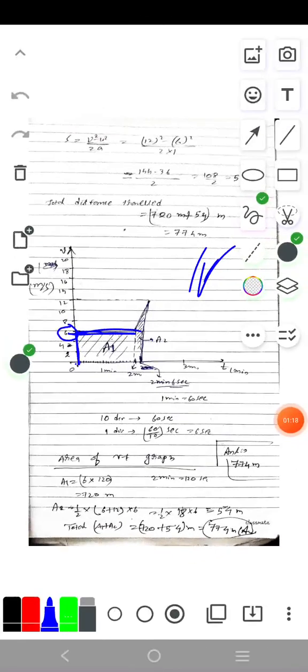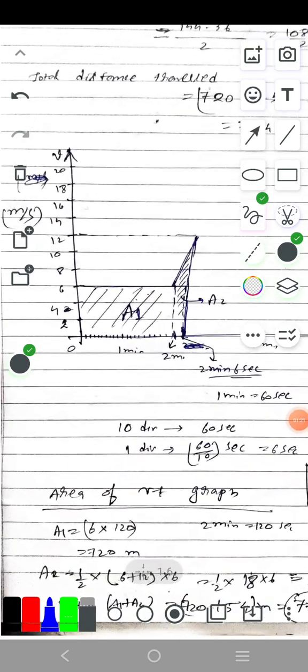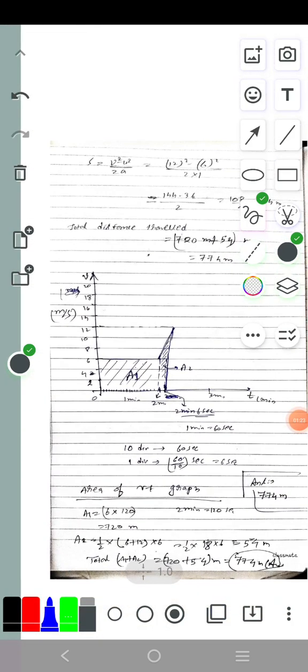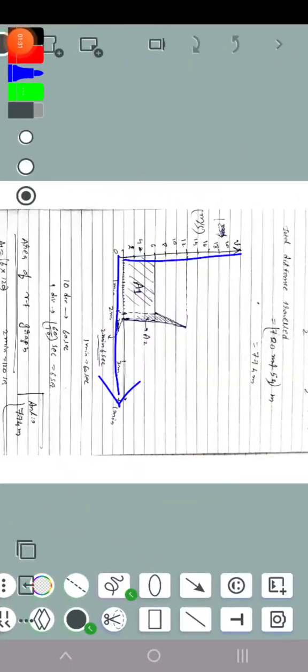Okay, first you see it is a velocity time graph. Along the x-axis the time is given, along the y-axis the velocity is given.